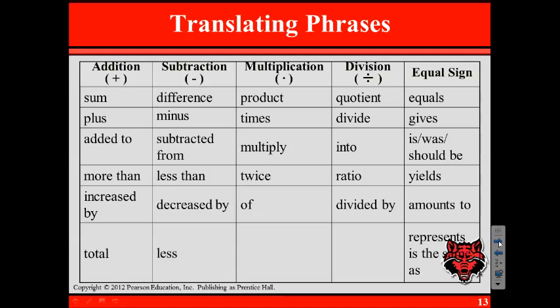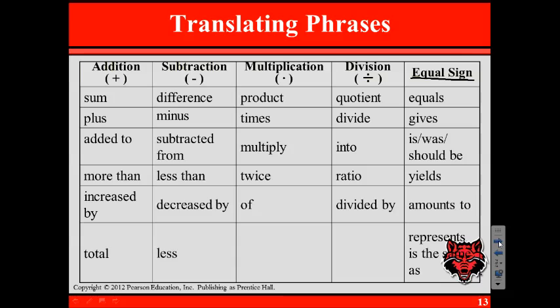And we'll see that it will deal with translating phrases. This is an abbreviated table of all the different phrases that represent the different operations that we have used so far: addition, subtraction, multiplication, division, and equality, or an equal sign. This is by no means an exhaustive list.